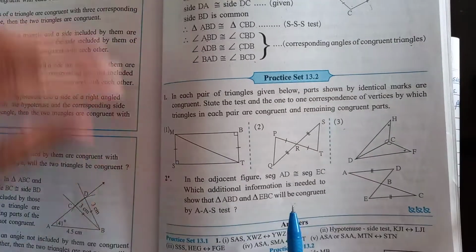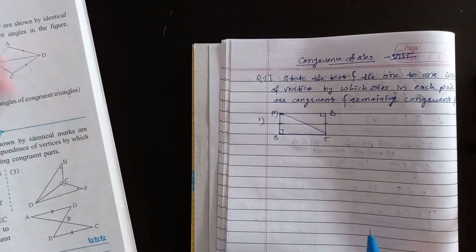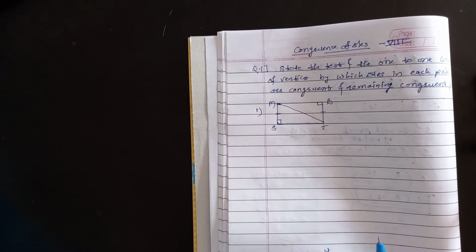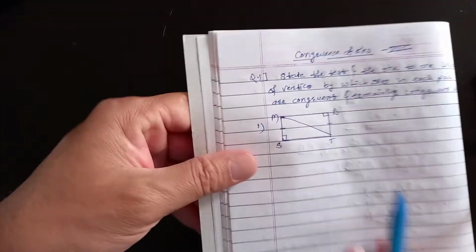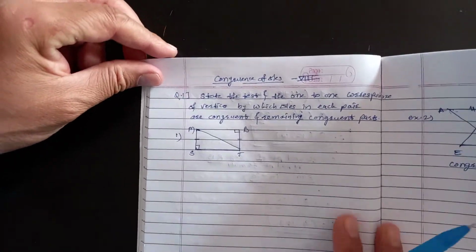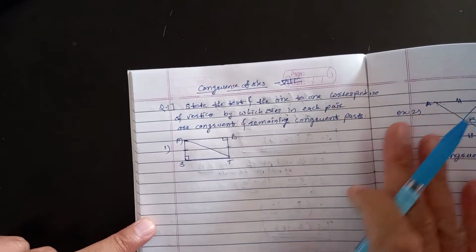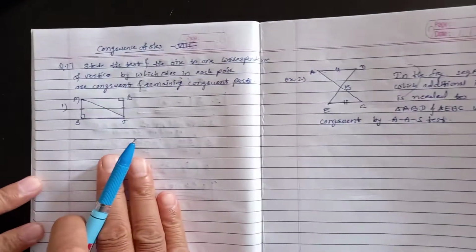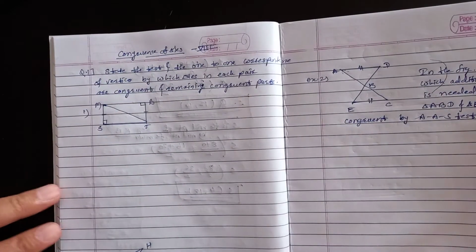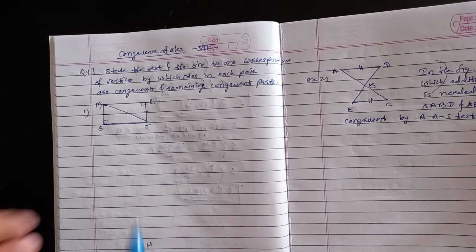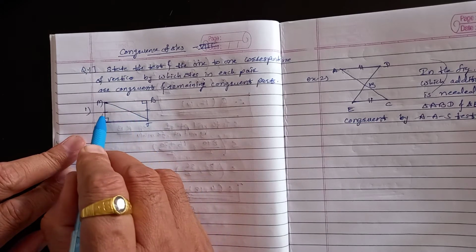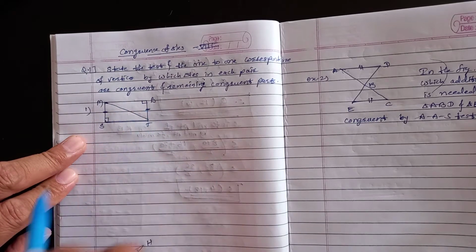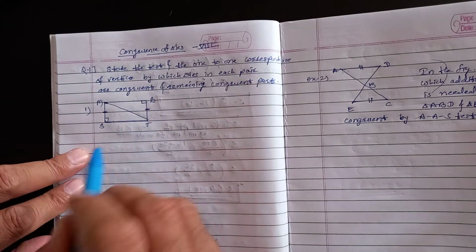So first figure we will see here. In the first diagram, we have to show these two triangles are congruent. Step by step we will go. Here they show these two parts are the same, and we have to see by which test these two triangles are congruent.